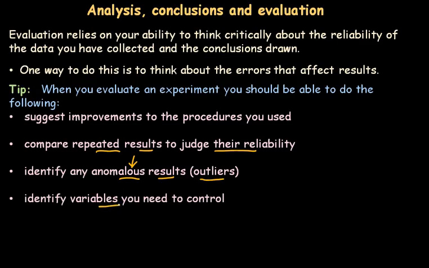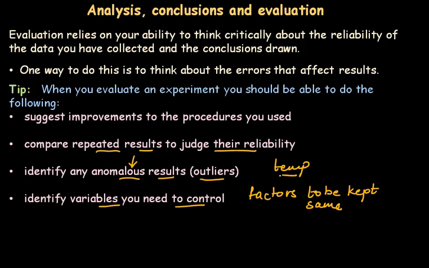Also identify the variables you need to control. Now the variables we need to control are the factors which we need to keep the same. That is, what are the things which we are keeping the same during a reaction. Example, in an enthalpy reaction, the temperature has to be kept the same if we are taking the initial temperature of the solution.